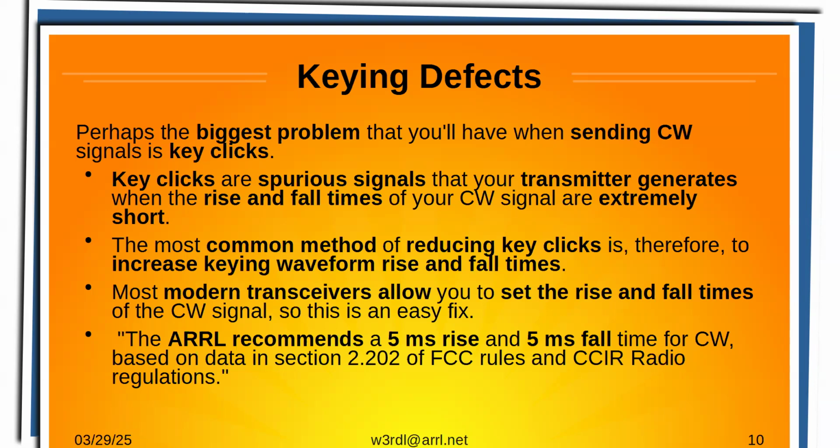So one of the recommended things, at least by the ARRL, is to increase the rise and fall times to 5 milliseconds. Or maybe you could put one of those compression type resistive things in the key, so when you press down, it changes the resistance instead of just making a contact.